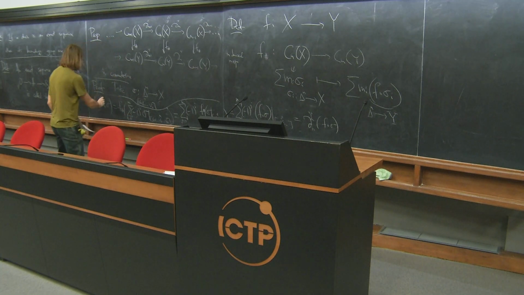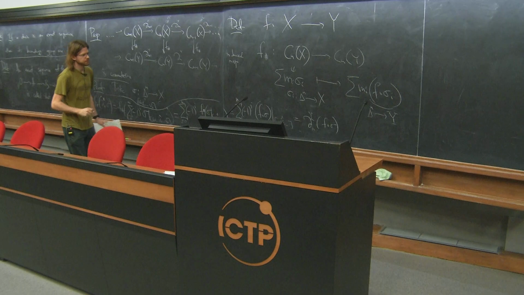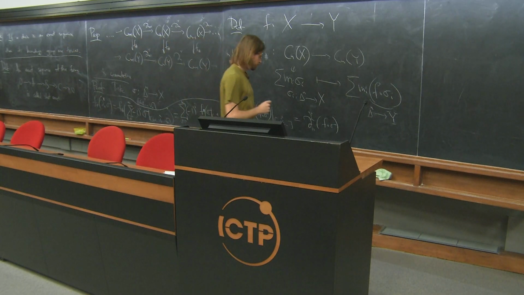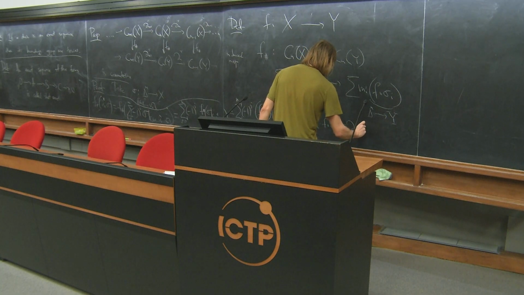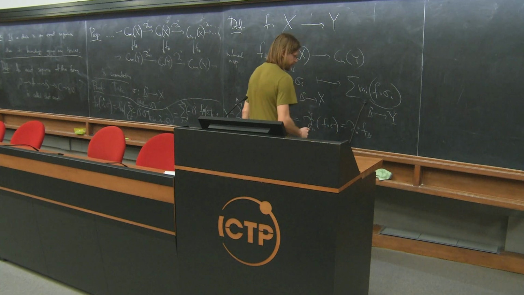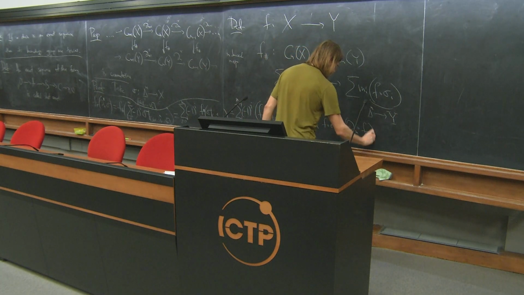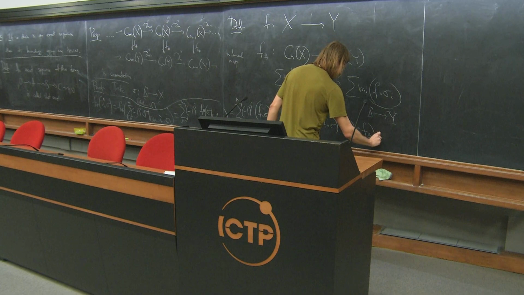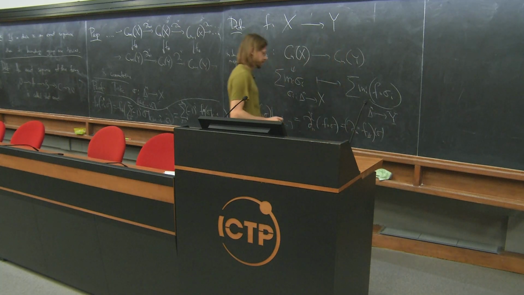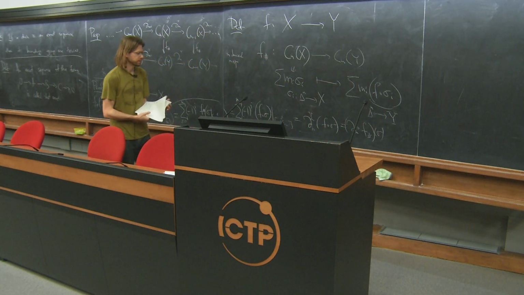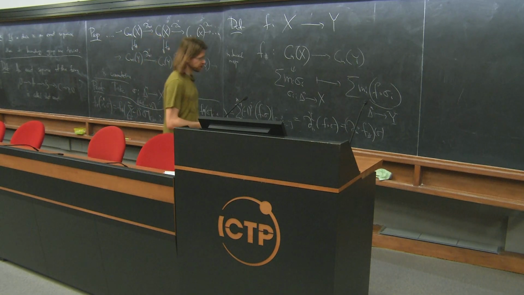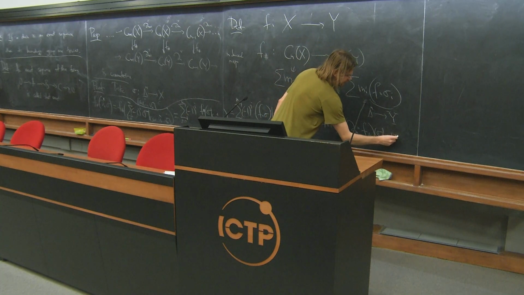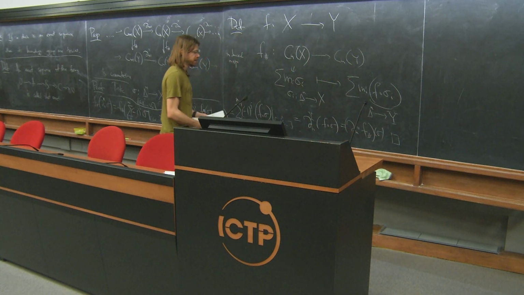And this is the same as the composition where I first apply F sharp and then Dn. And this indeed shows the commutativity of the diagram.